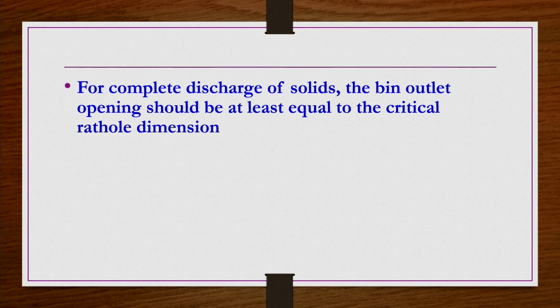For complete discharge of solids, the bin outlet opening should be at least equal to the critical rat hole dimensions. The vertical channel through which the material is going out is known as a rat hole, and you will be surprised to know that the rat hole dimension may be several meters.